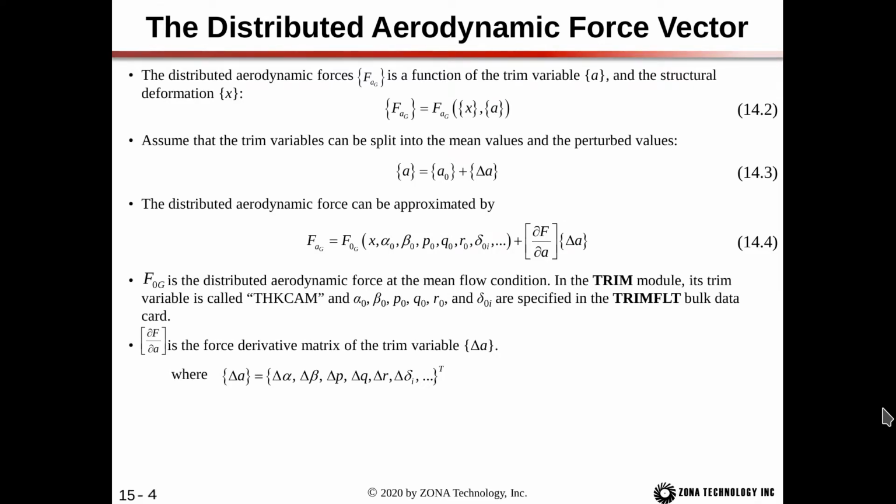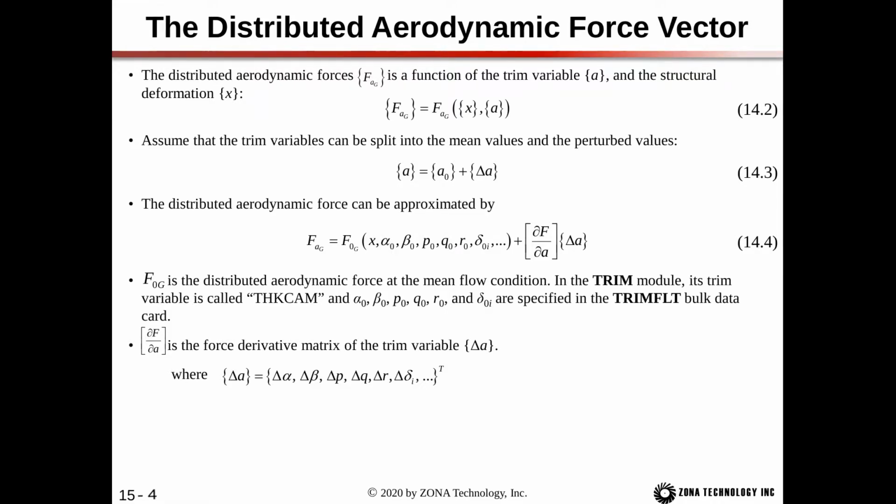Now the distributed aerodynamic forces Fag is a function of the trim variable a and the structural deformation x. So we have the vector Fag is the function Fag of x and a. Now we assume that the trim variables can be split into the mean values and the perturbed values, a naught and delta a.